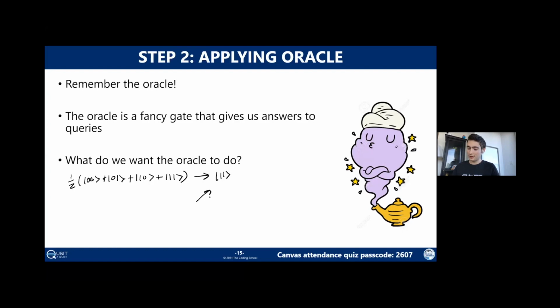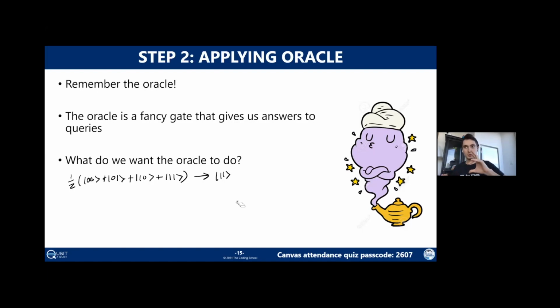So the problem with an oracle that just spits out the answer like this is that it's not reversible, right? If every input you feed in gives you ket 11, then you're going to have no idea which input you were given if you're only told that the output is ket 11. Therefore, this would be irreversible. So what else can we do? What else could we have an oracle do that helps us?